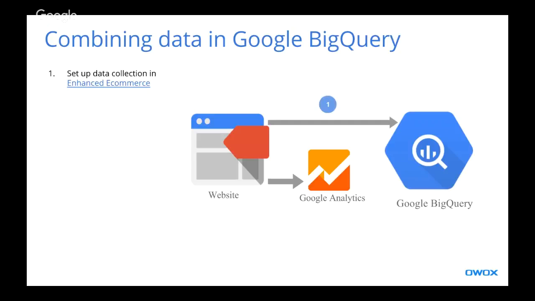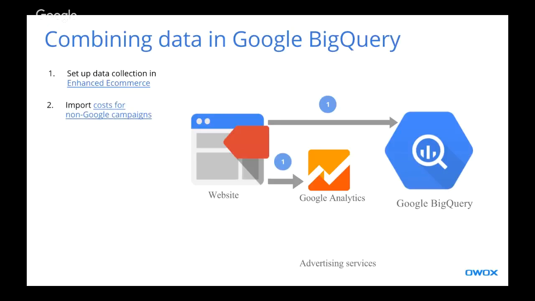We need to understand when the user came to the product page, and in this case we need to send the event or the page view showing that he was visiting this funnel step. And the same with the purchase and all the steps that you would like to track in your system.